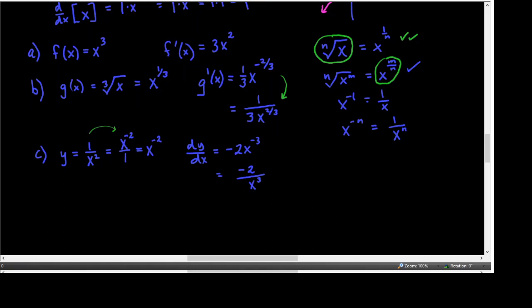So one of the big things that we're going to be doing quite often is rewriting the problem into another form before we do the derivative rule. And so that's one of the things to look for is, should I rewrite this problem so I can deal with it more easily?